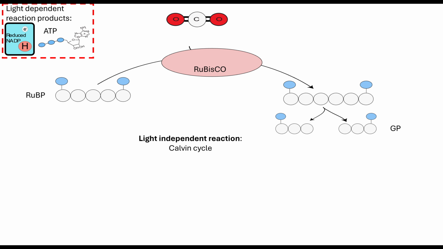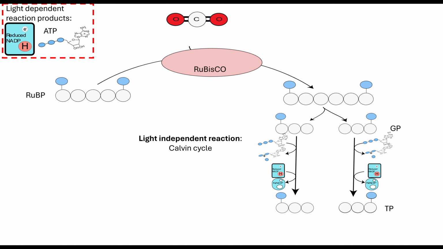What will then happen is after the carbon dioxide has been fixed into the GP molecules, we will then use ATP and the reduced NADP to reduce the GP into triose phosphate, TP.